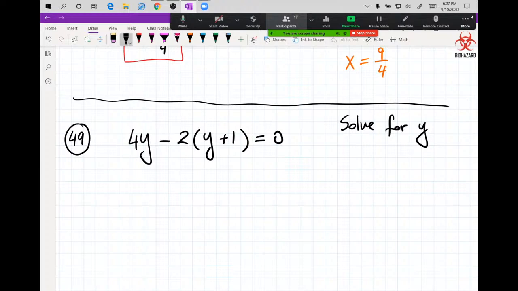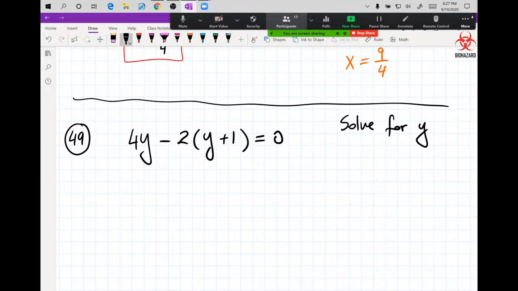So looking at our expression here, what is the first thing we should do? That's extremely close. Distribute -2. That negative belongs to 2, and it will become -2y, and then -2, right?